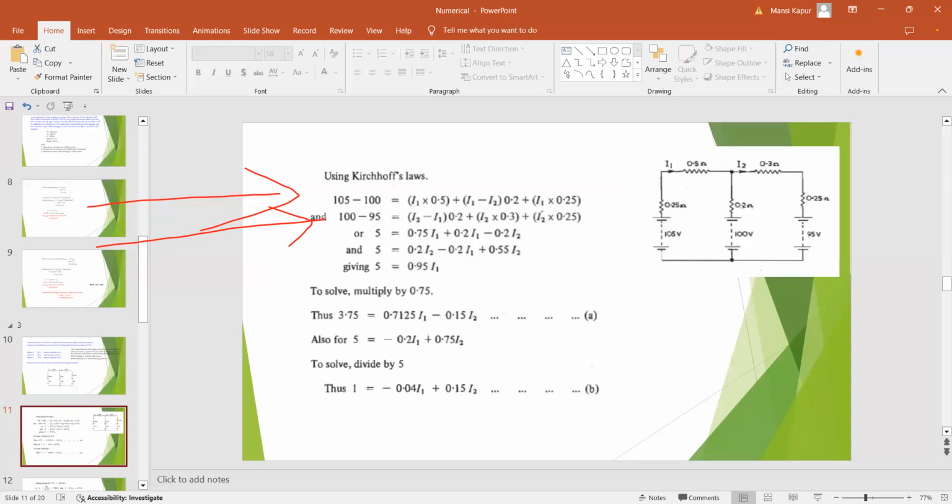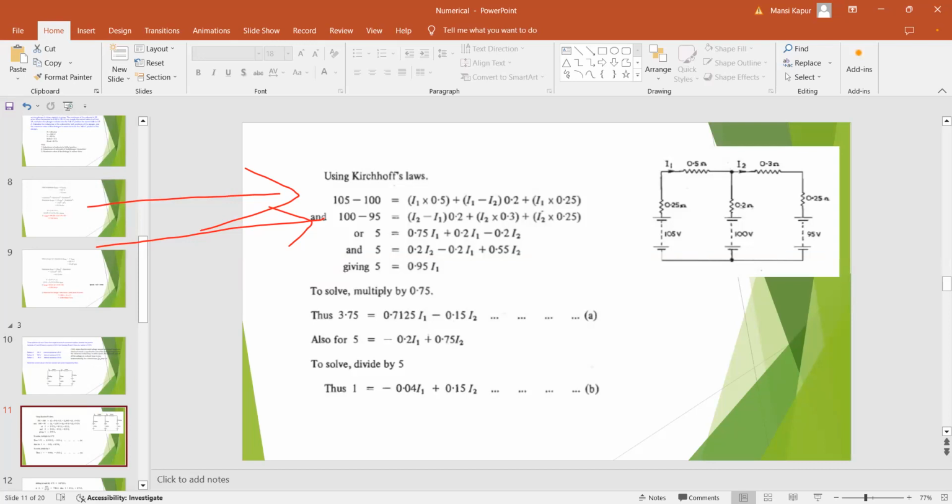Sir, before we took I1 minus I2, but here why are you taking I2 minus I1? Because when we are seeing from that side, it can be anything, right? I1 can be bigger than I2 or I2 can be bigger than I1. In that case, we assume that the value of I1 is more than I2.